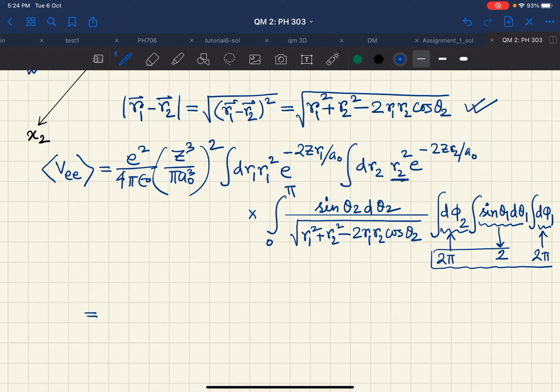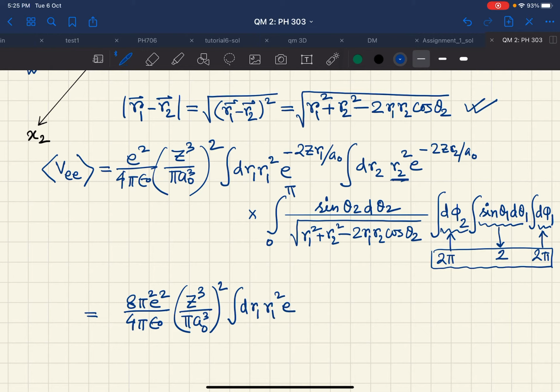So I will take out this 8 pi square from these other angular integrations. All this will be taken out of the integral, and we will have 8 pi square e square by 4 pi epsilon naught, Z cube by pi a0 cube, whole square. This will be dr1 into r1 square e to the minus 2Z r1 by a0, then dr2 r2 square e to the minus 2Z r2 by a0.